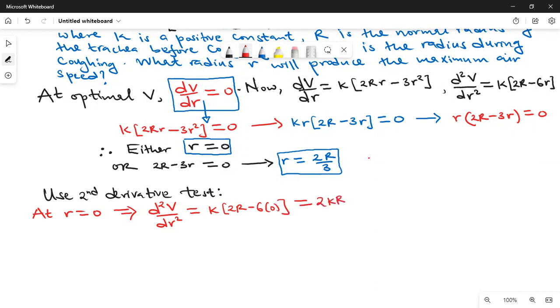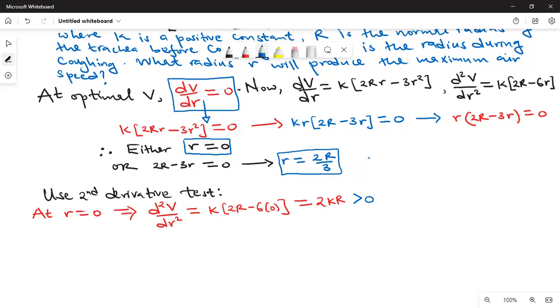K is positive, r is also positive. Radius can never be negative. This value is greater than 0 because k is positive and that capital R is also positive, not 0.